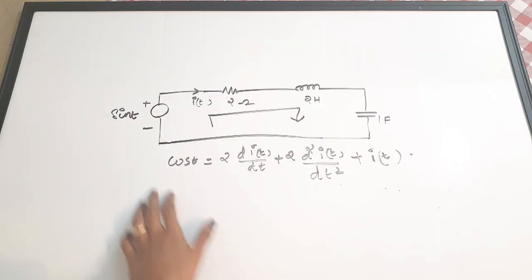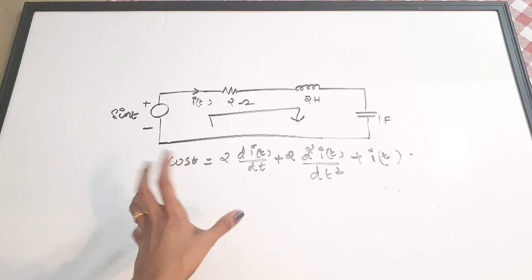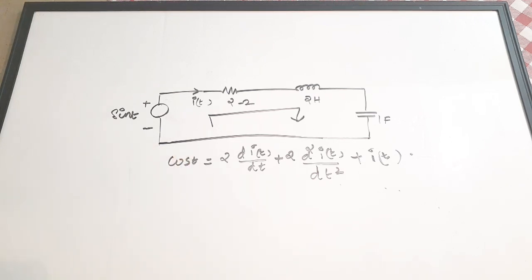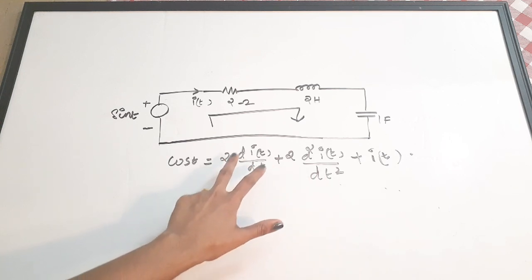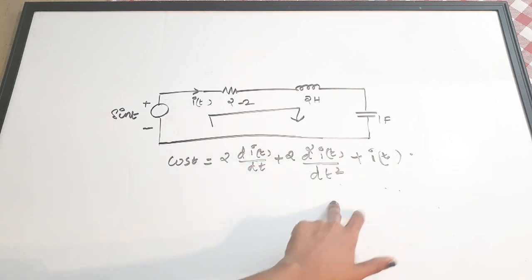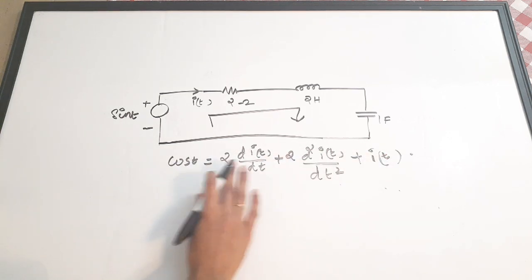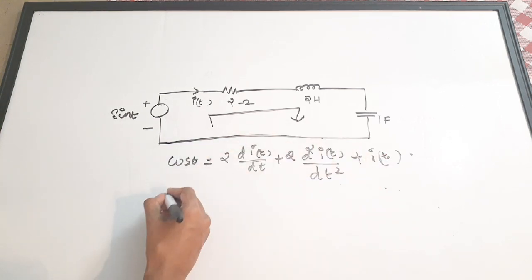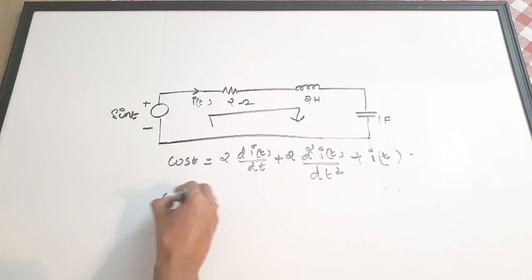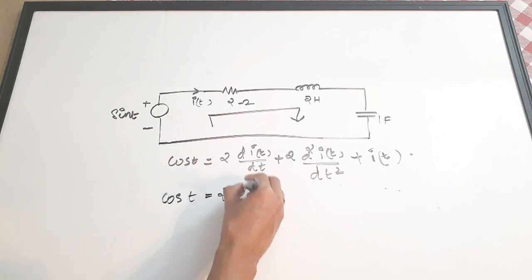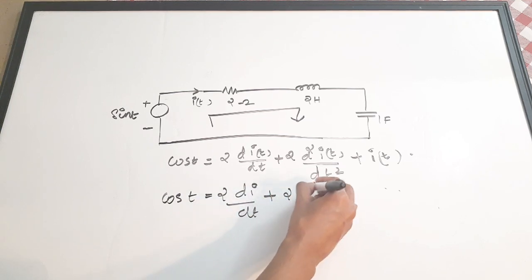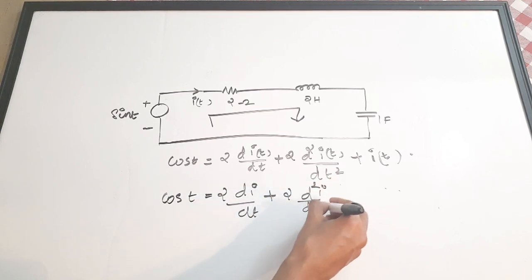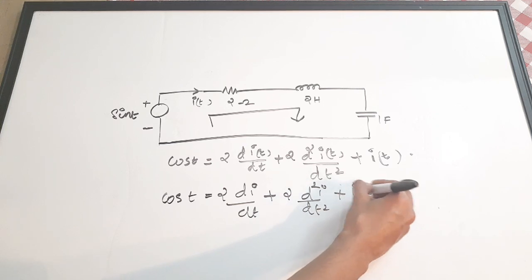This is the result if you differentiate the KVL equation, and in the options you cannot see this equation. You can only see di by dt, d square I by dt square and I of t. So you can rewrite this equation in the form available in the options. Cos t is equal to 2 di by dt plus 2 d square I by dt square plus I of t.